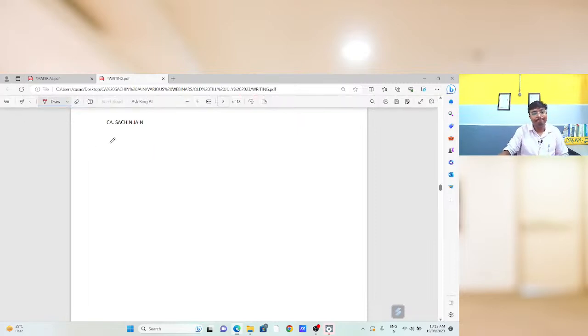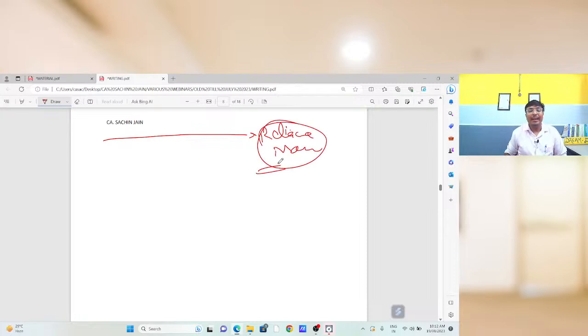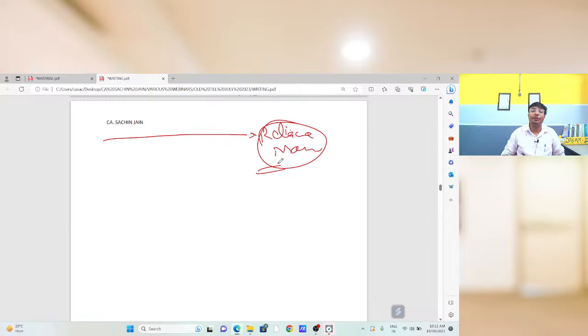Suppose I am going to Reliance Mall. When I am buying certain products, Reliance Mall is going to give me certain vouchers. They say, sir, you bought a certain amount of goods from our store, that is 5,000 rupees or 10,000 rupees, so we are going to issue one voucher to you.